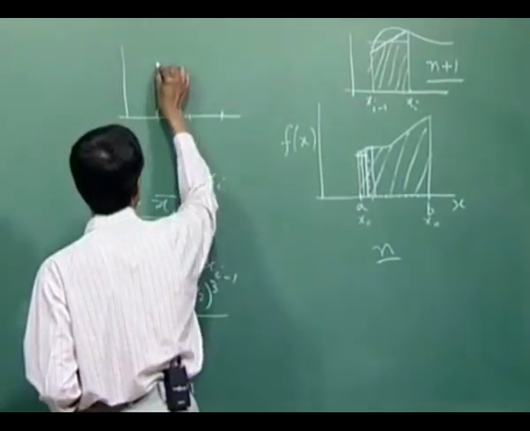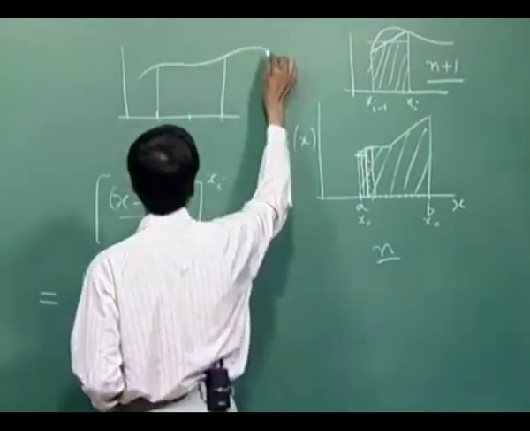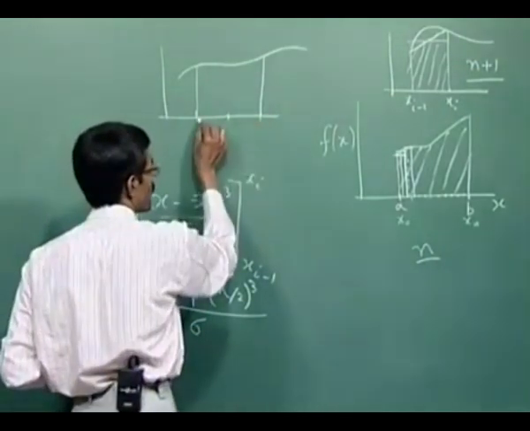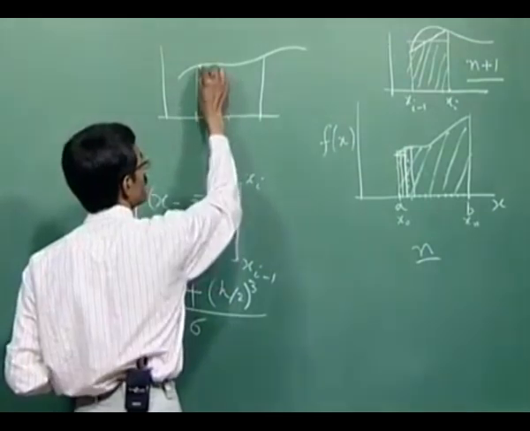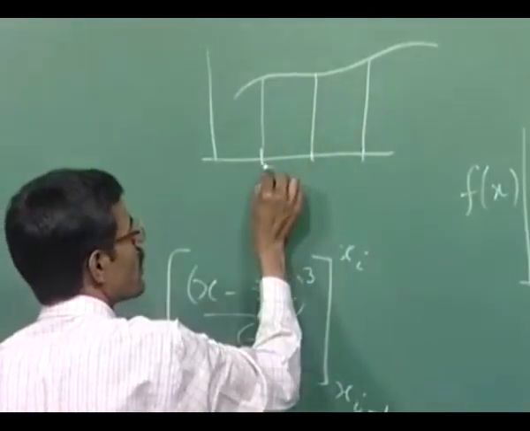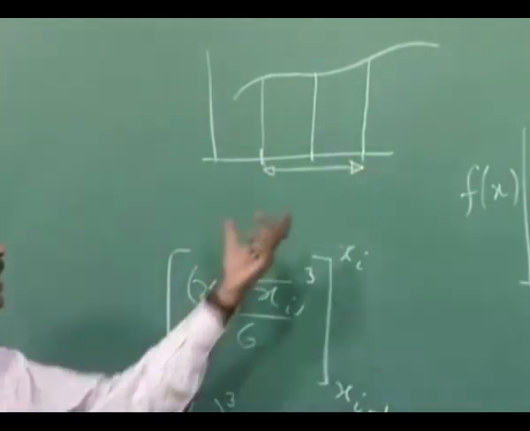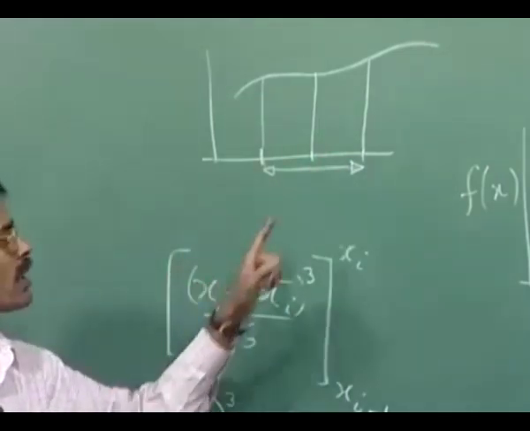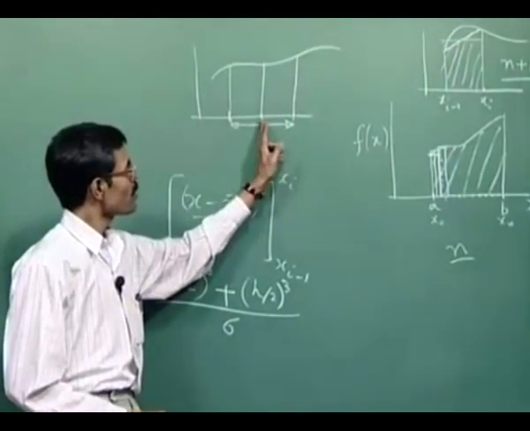Say if this is a function and this is a subinterval, and if you use this function value and this function value, then you see that over this subdomain, the 3 points are used symmetrically: the midpoint is there and 2 other points which are equally disposed compared to the midpoint.